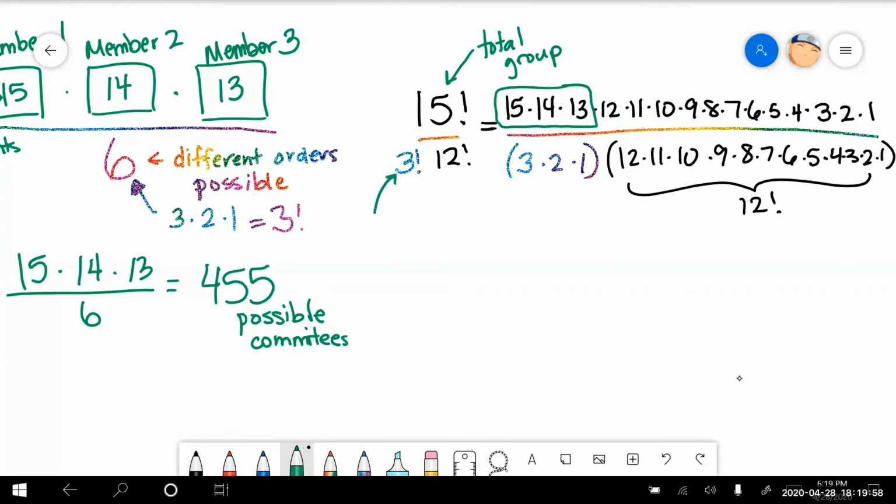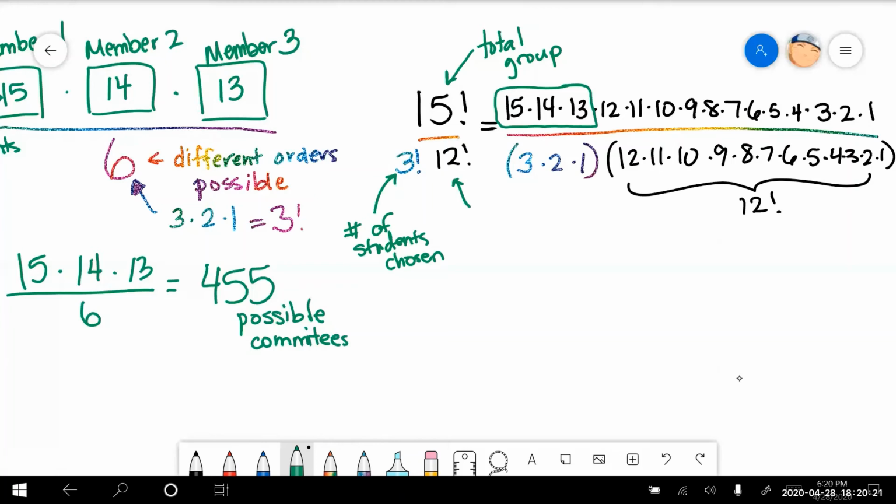Where does 3 come from? Hopefully you're thinking that 3 comes from the number of students chosen. These are the kids that were selected. We need to take 3 out of the 15. And then finally, where's that 12 coming from?